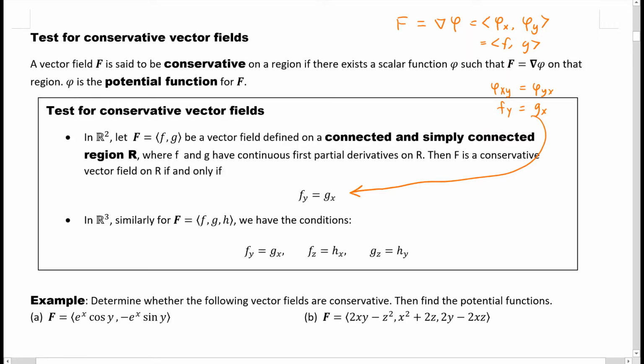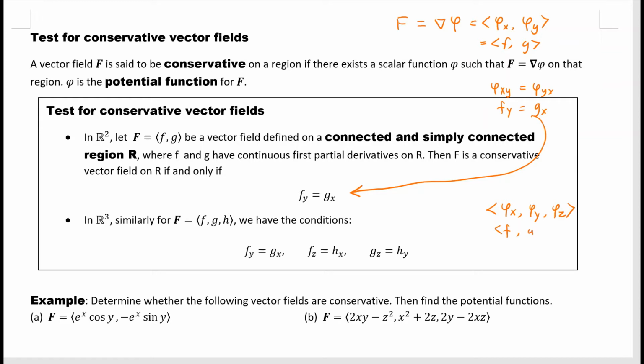So in R3, similarly, now our vector field has three coordinate functions. Then we have the conditions F_y equals G_x, F_z equals H_x, G_z equals H_y. So far, so good, everybody? Why is that? Because now you have phi_x, phi_y, phi_z, which are F, G, H. What are the mixed partials?